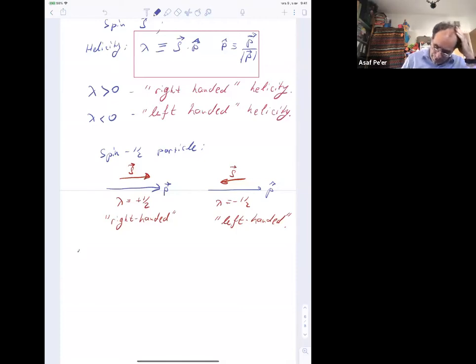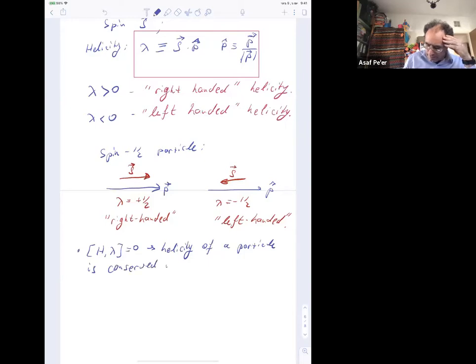So the commutator of h and lambda is equal to 0, which means that the helicity of a particle is conserved in time. But it is not Lorentz invariant.